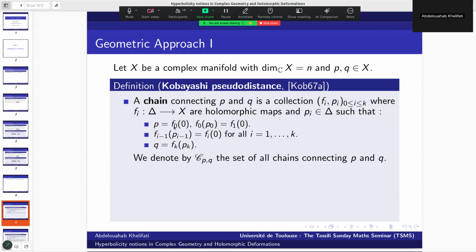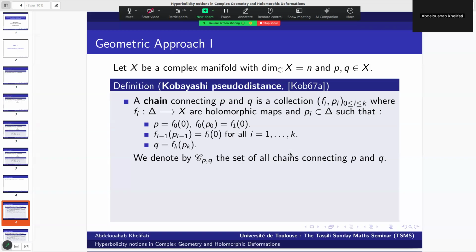The first holomorphic map from the disk takes the origin to the first point P, and then we have another point p_0 on the disk, which goes to the image of f_1, and so on, until connecting and drawing a path connecting points through holomorphic maps from the disk to X inside the manifold X. I will take as notation C(P,Q) the set of all chains connecting P and Q.